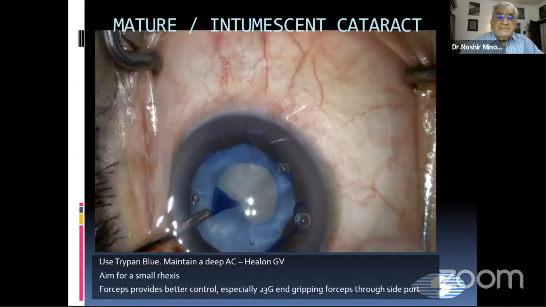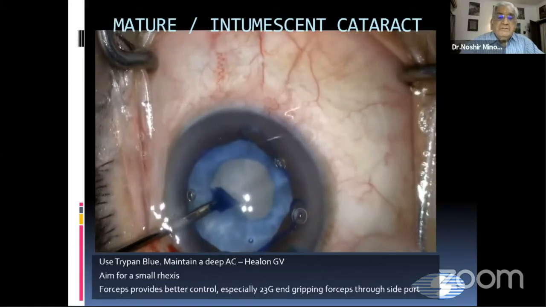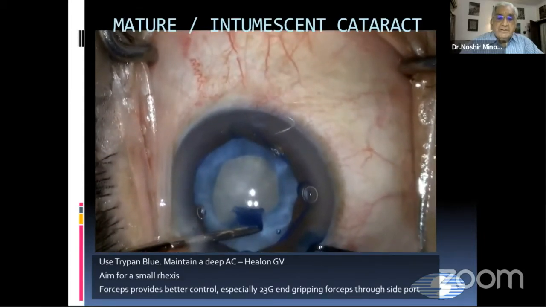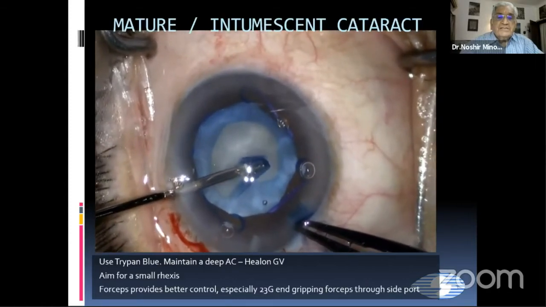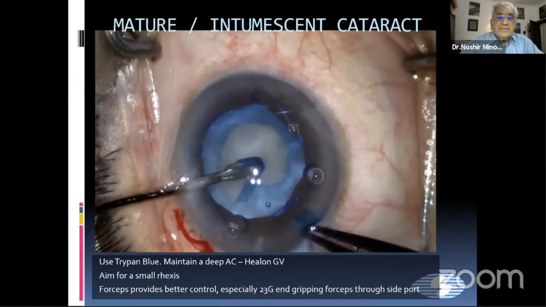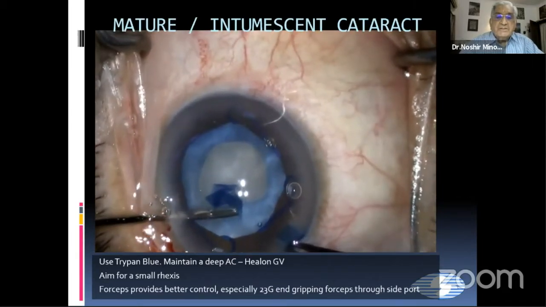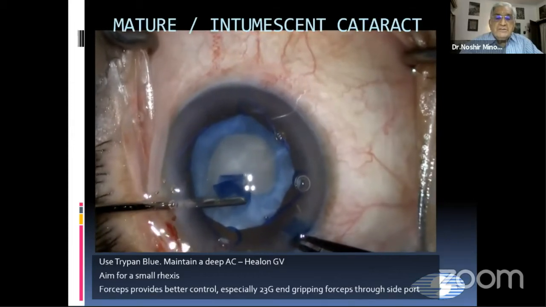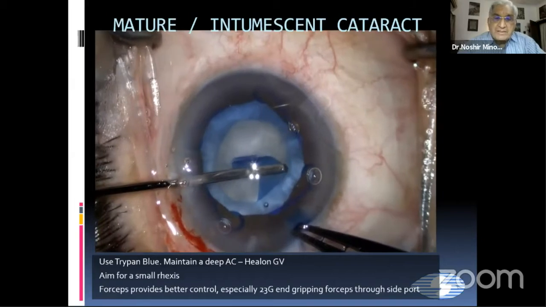I find everybody should possess it in the OT, especially when you are starting a Morgagnian or a hypermature cataract with a shallow anterior chamber. As you can see, it's trying to go to the periphery, but again, I am applying tangential forces. The chamber remains formed because there can be no leakage through this small incision, which is only 1.2, and we are able to complete the rhexis.